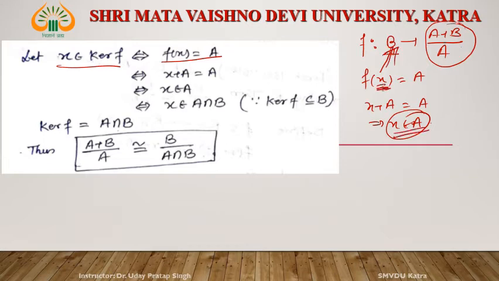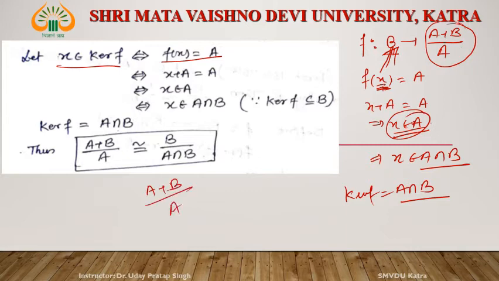So x is in A and x is in B also. This shows that x belongs to A ∩ B. It means the kernel of f is equal to A ∩ B. Now by the fundamental theorem, (A + B)/A is isomorphic to B/(A ∩ B).